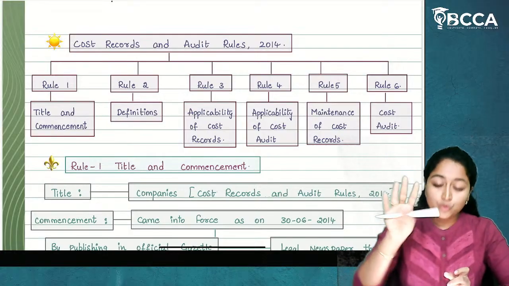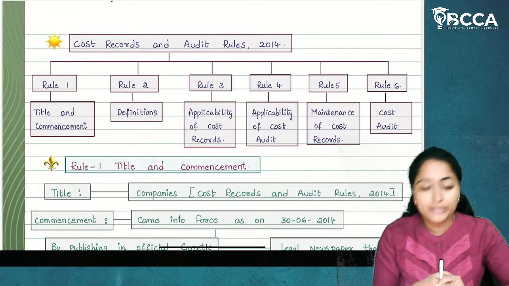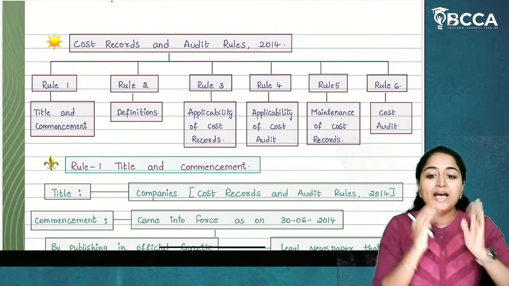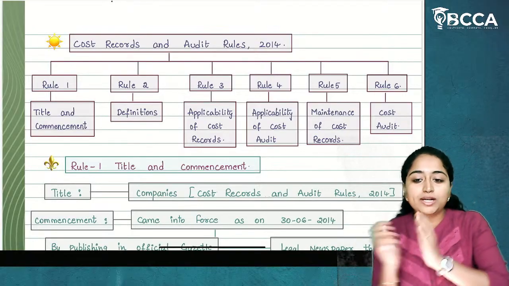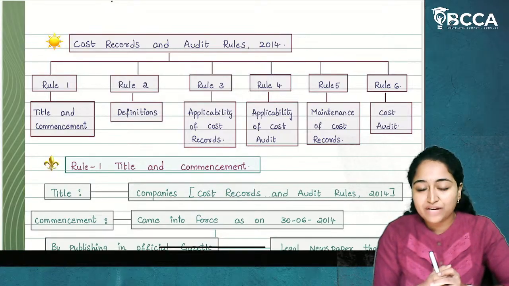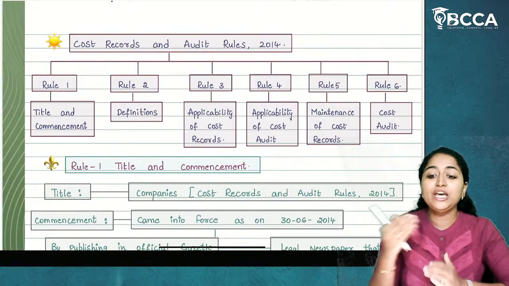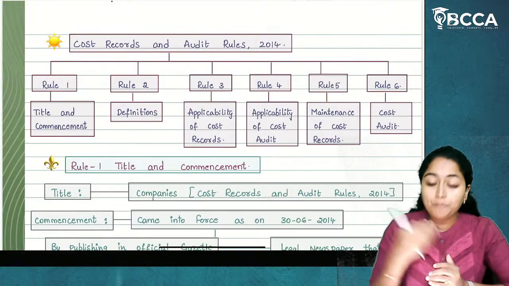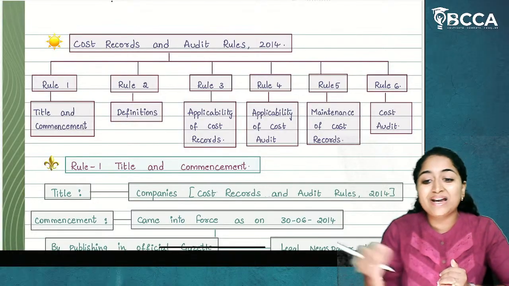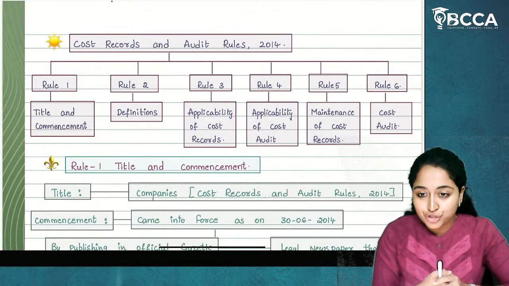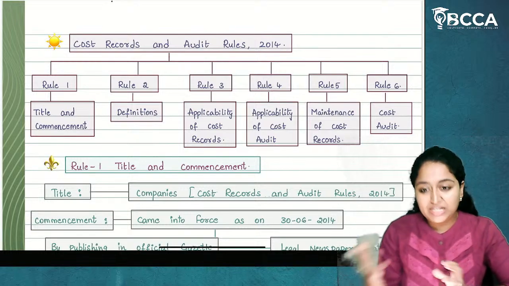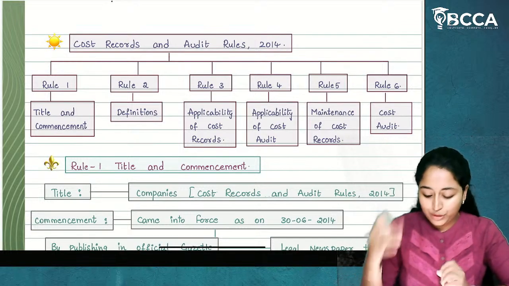Then we saw rule 4, applicability of cost audit, in which there are different turnover limits for the regulated sector and for the non-regulated sector, and also the 3 exemptions for rule 4. Then we saw rule 5, which is about maintenance of cost records. It should be maintained in form CRA 1, from 1st of April 2014 or 2015, which we saw.